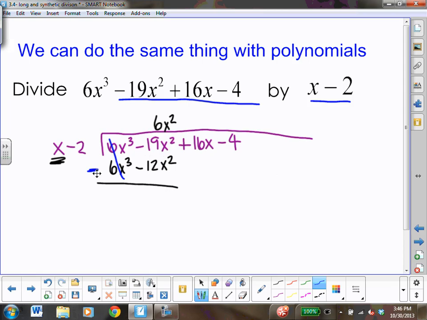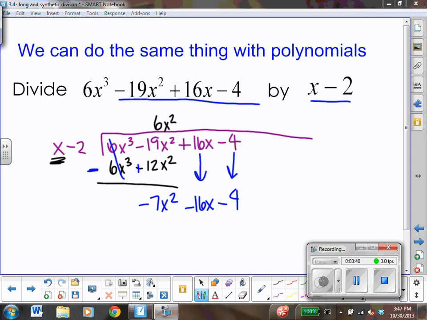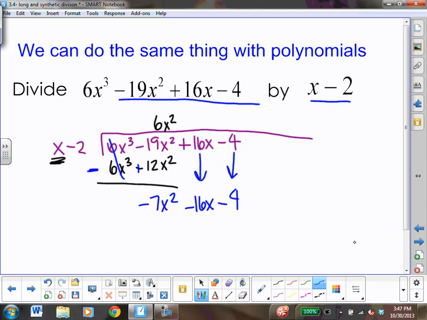And you have negative 19 minus negative 12, or negative 19 plus 12, which ends up being negative 7x squared. And then you drop down everything. And you repeat the process.